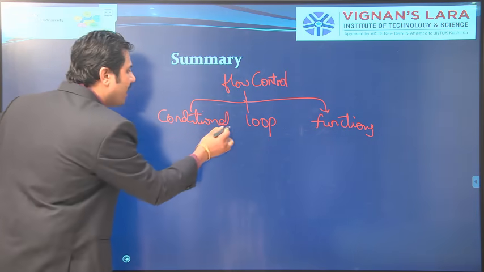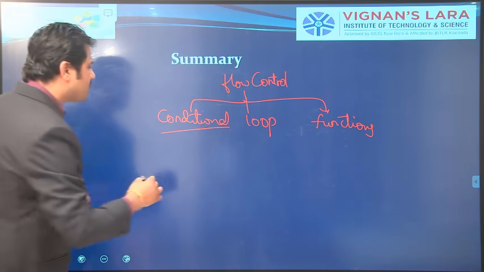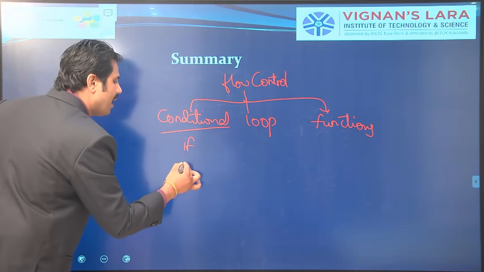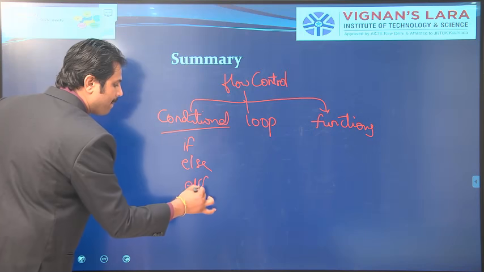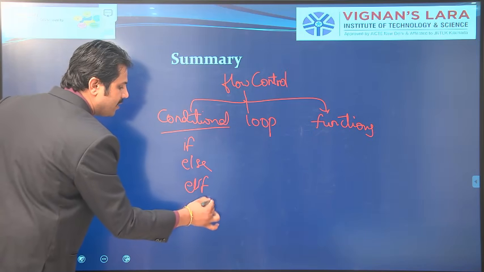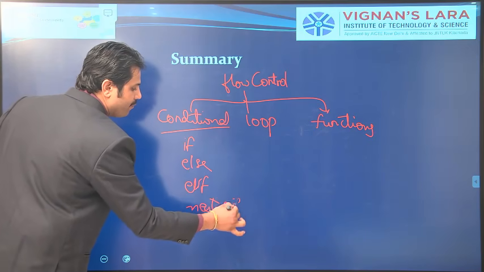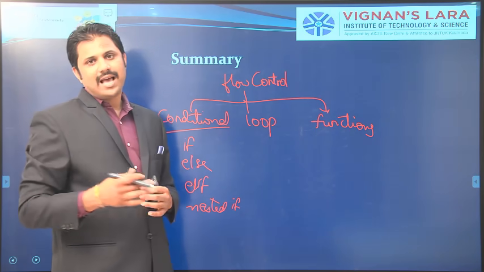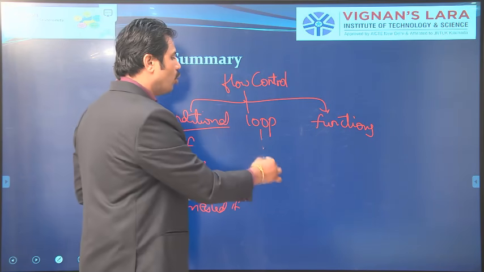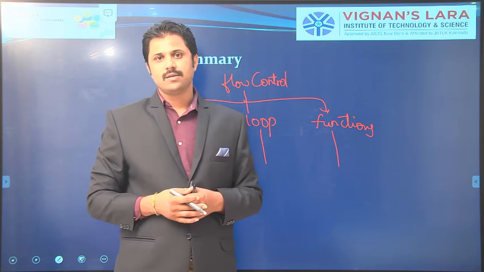First we are discussing conditional statements. Conditional statements are if, else, elif, and nested if. These are all the conditional statements. In the next class we are going to discuss loops and functions. Thank you.